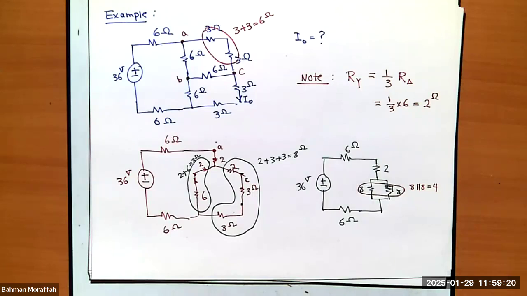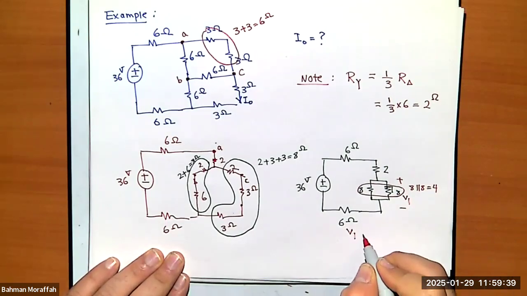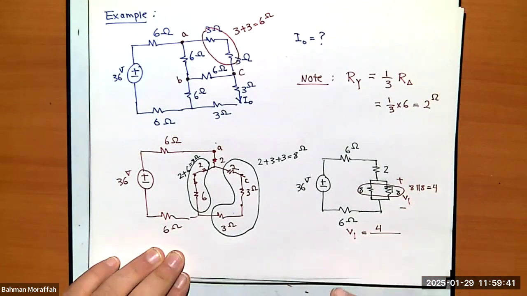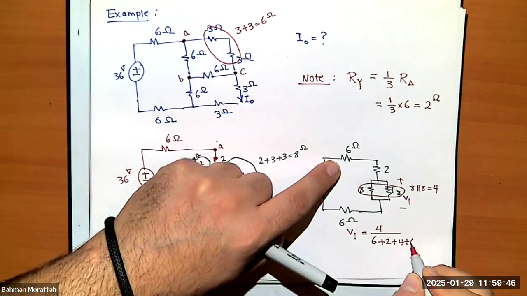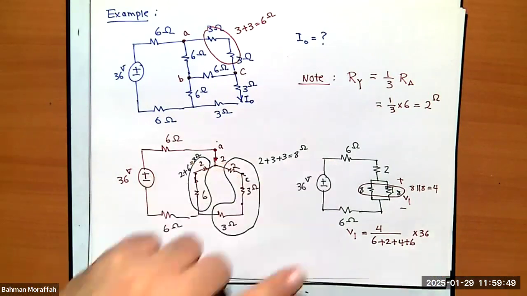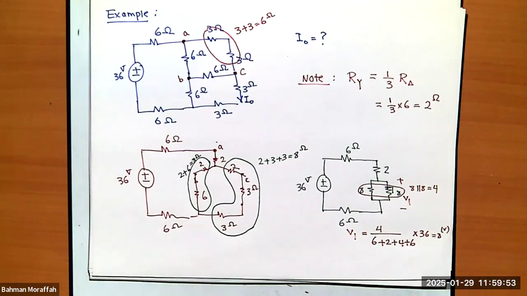So if I want to find voltage across this 4 ohms resistance, I know the voltage across is proportional to the value of that resistance divided by the whole thing. So voltage across this, let's just call it V1. V1 is 4 divided by 6 plus 2 plus 4 plus 6 times 36, which is 8 volts. Right?